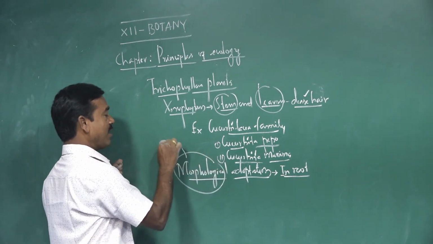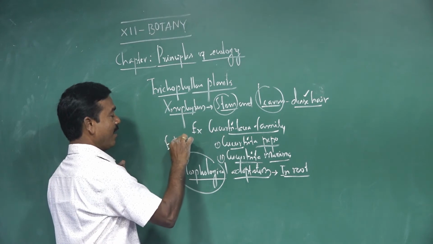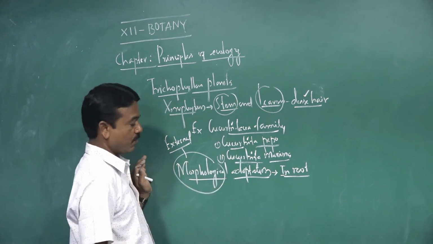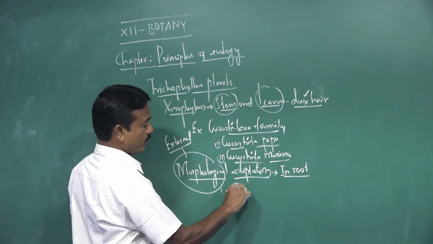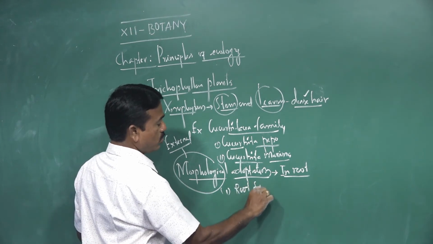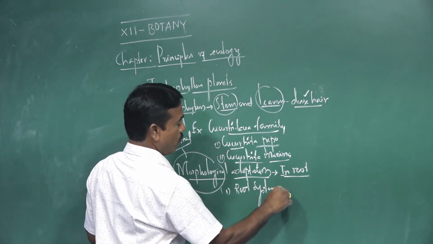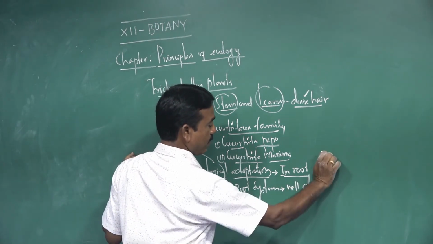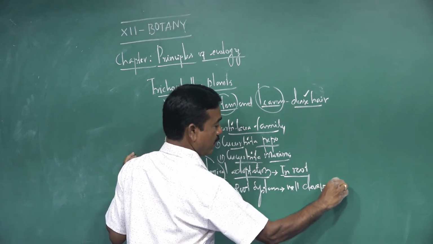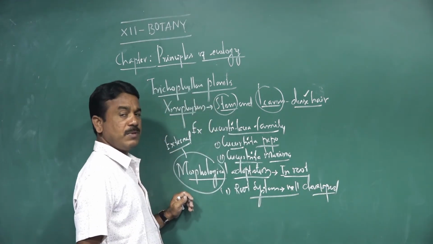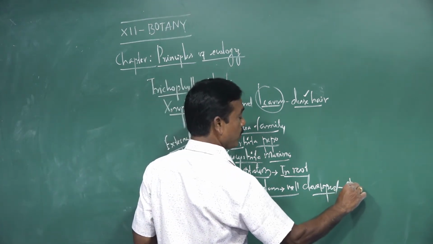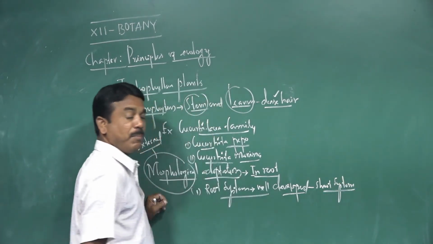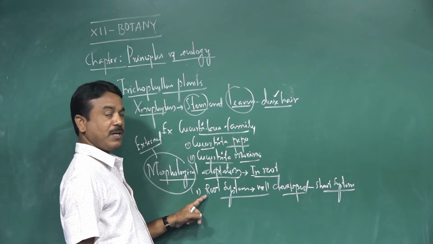Morphological means external. What external adaptations must be present in xerophytic plants? The first one: the root system is well developed, more than the shoot system. That is a main morphological adaptation in the root.